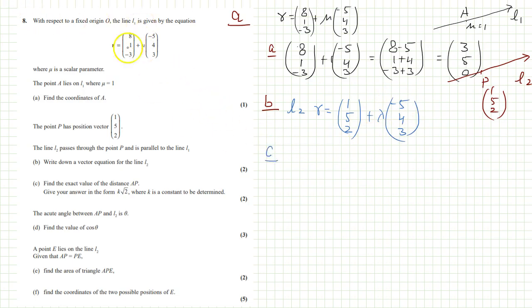Part C. Find the exact value of distance AP. Give your answer in the form of k root 2.